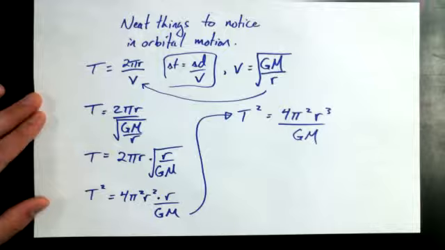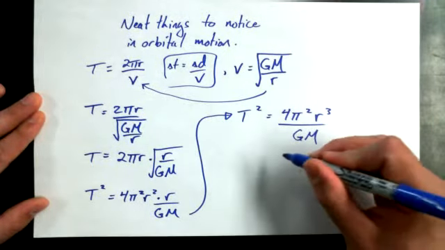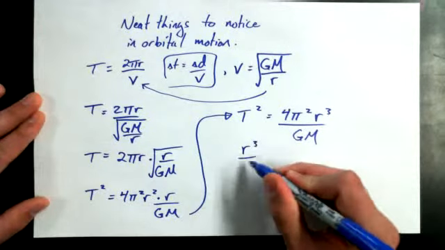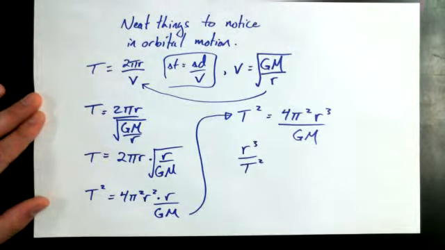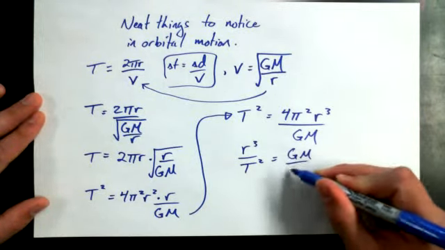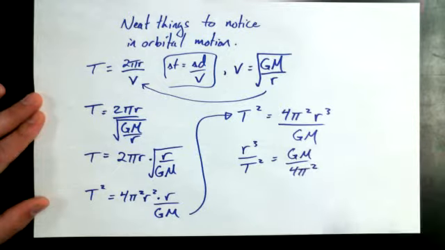I want to get r cubed and the period squared on the same side together, and I want to take everything else to the other side. So r cubed over period squared, because I'm going to take the period squared over to the same side as the r cubed, is equal to GM over 4 pi squared.